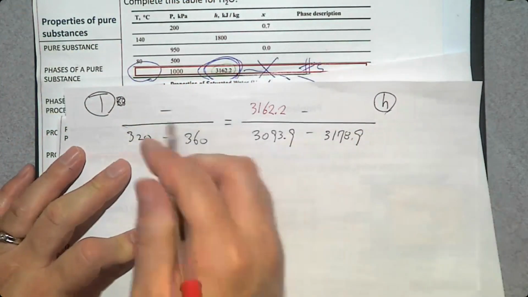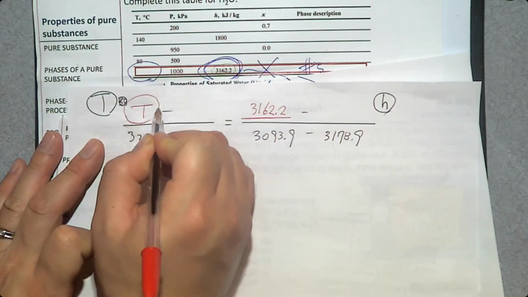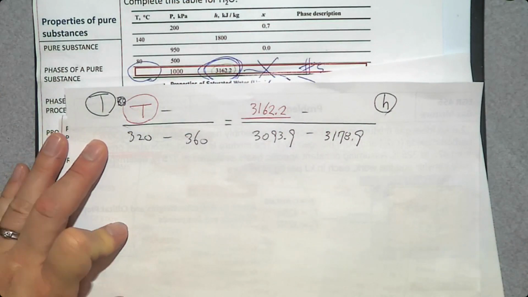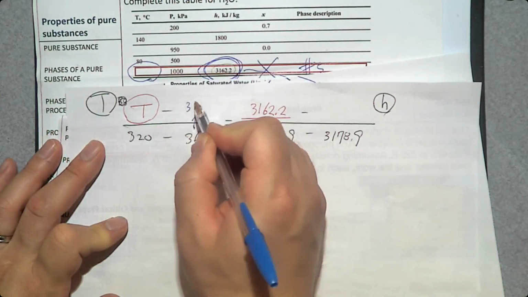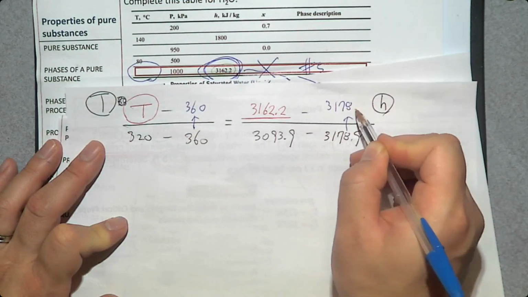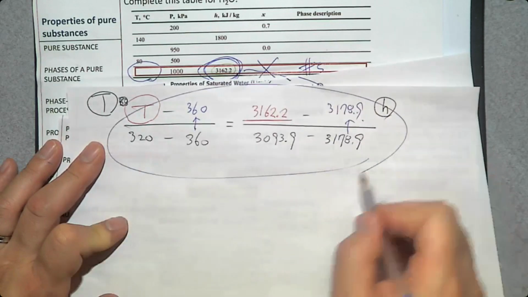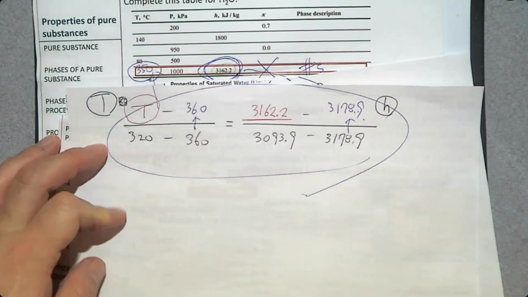So the temperature at this H is going to be here. This is the unknown temperature. Then how can we complete this equation? 360, 3178.9. So if you solve this equation, you get T. What is T? 350.